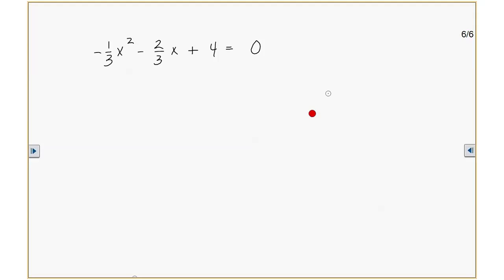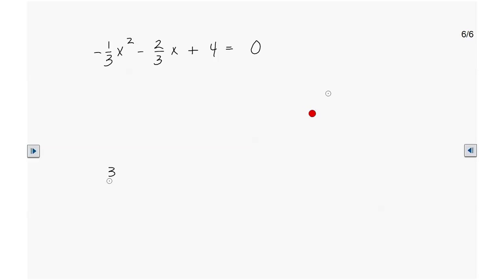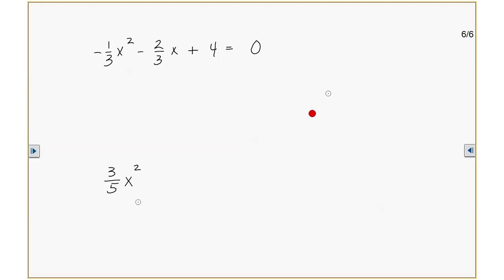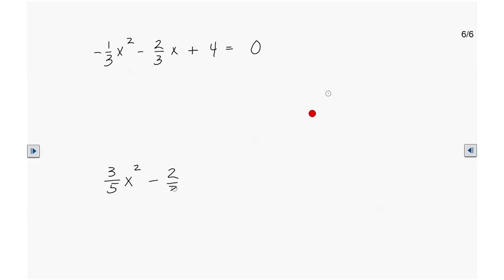And then the final one would be 3/5 x squared minus 2/3 x plus 1/4 is equal to 0.